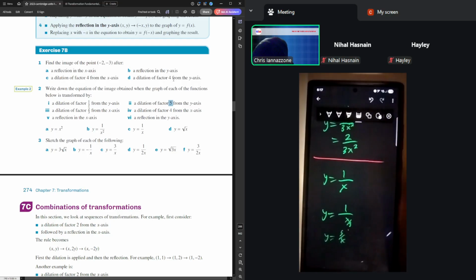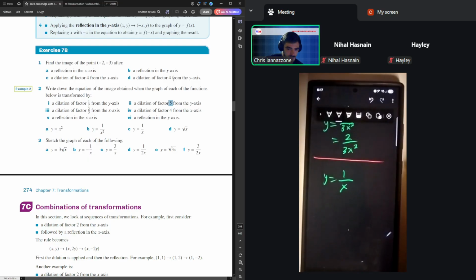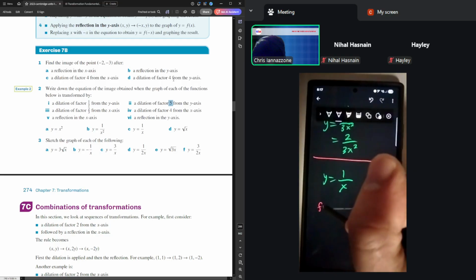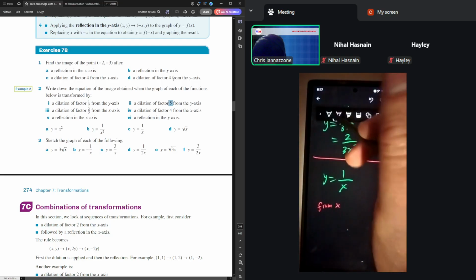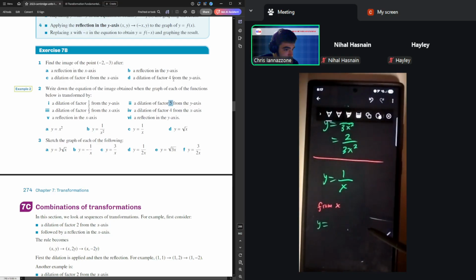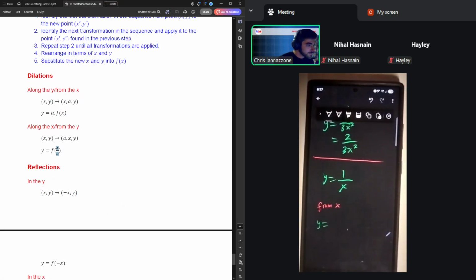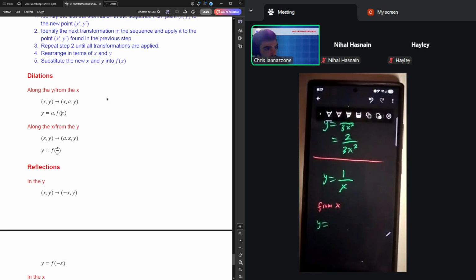So I'll highlight the difference again. If this was from X, if we better have a look at the cheat sheet, from X is a multiplier of that factor on the entire function.